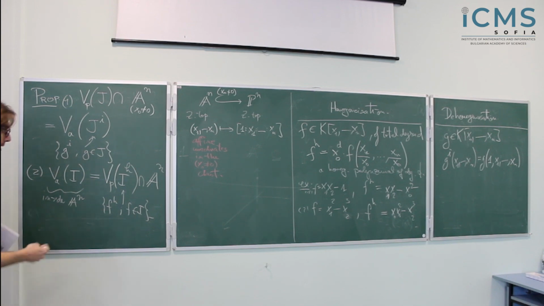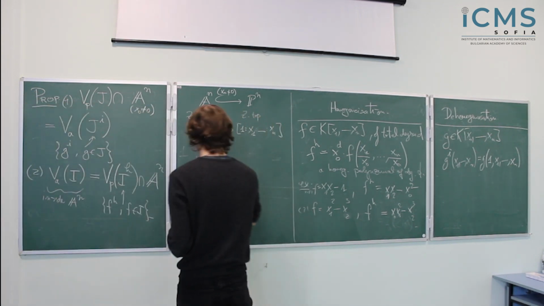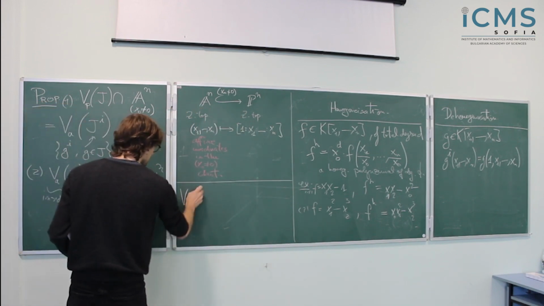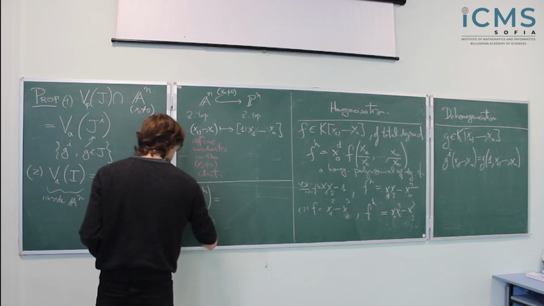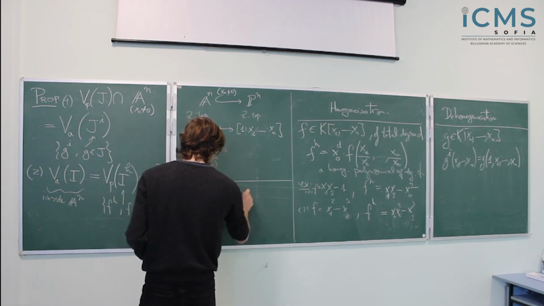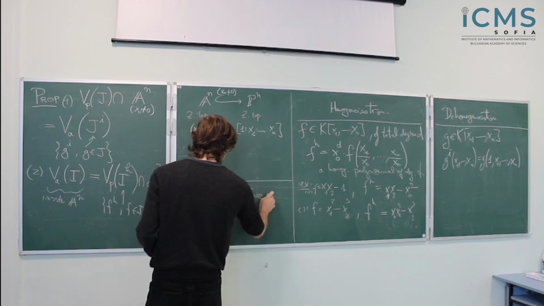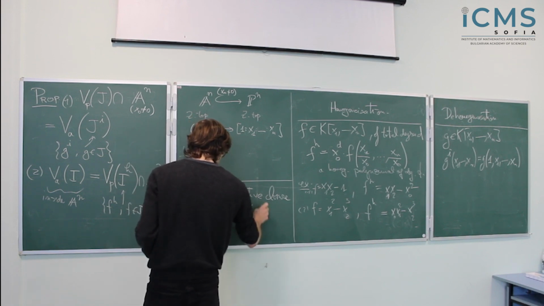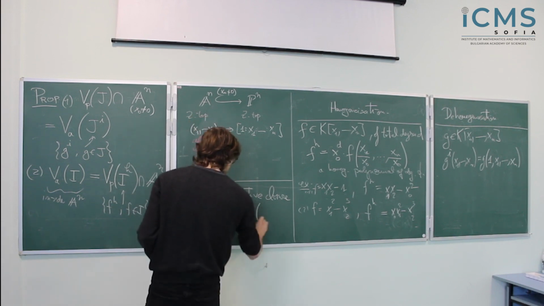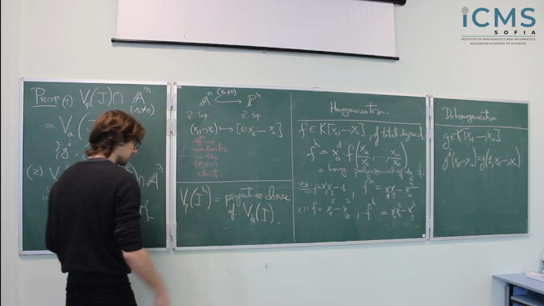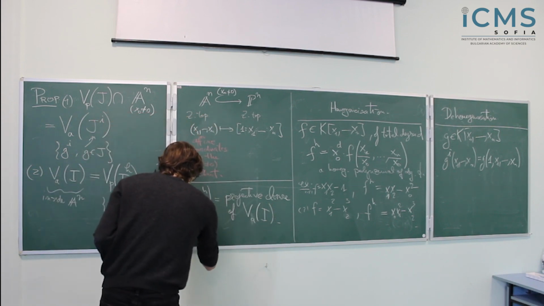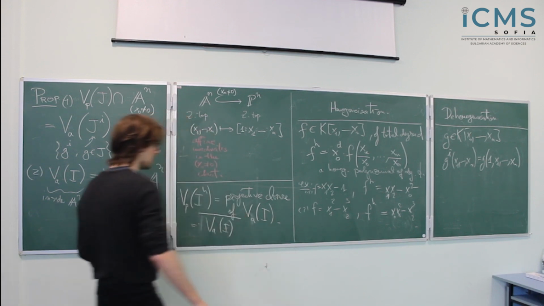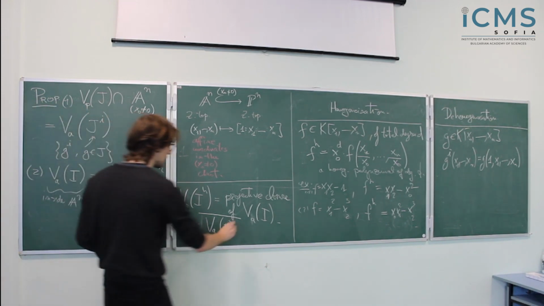And in fact, this image here will be the projective closure of the V_A of I. So this V_A of I will be the closure for the Zariski topology.